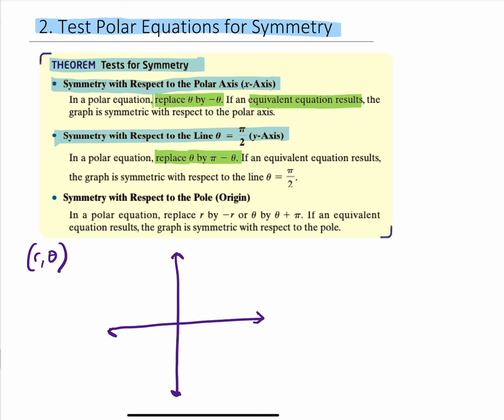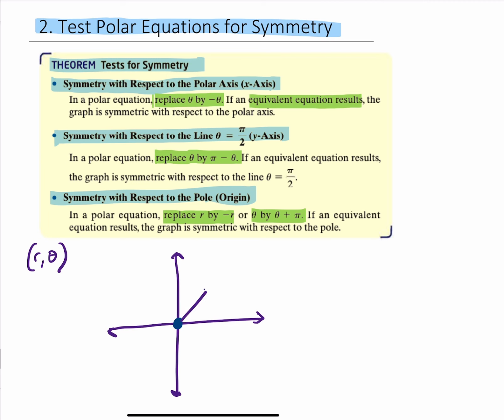And to be symmetric with respect to the origin, or we would call that the pole in polar coordinates, basically meaning it's symmetric across the x and the y-axis at the same time, there's two ways we can do that. Two different tests. You can either replace r with negative r or theta with theta plus pi.